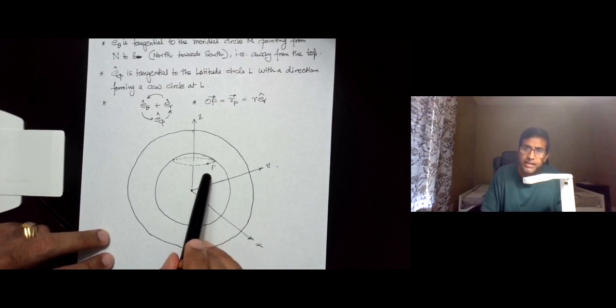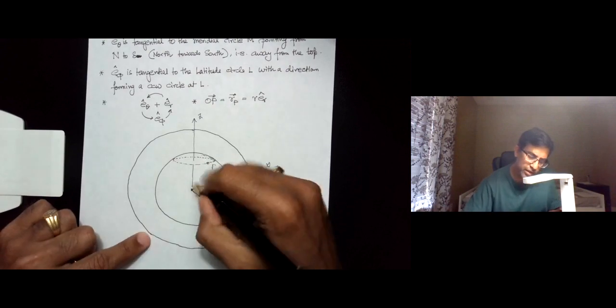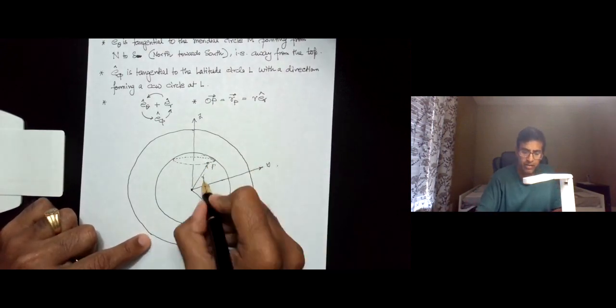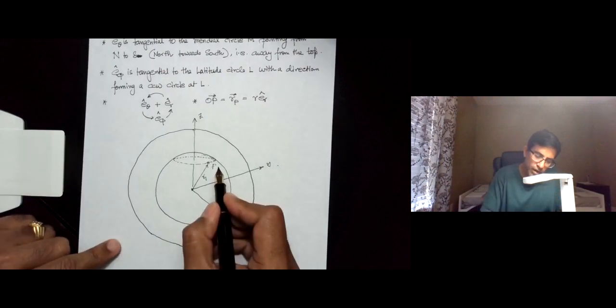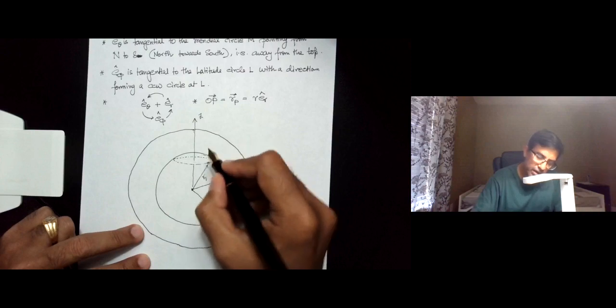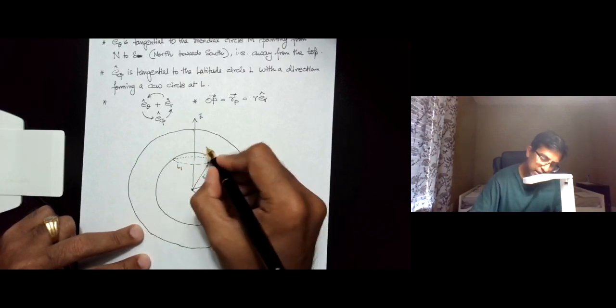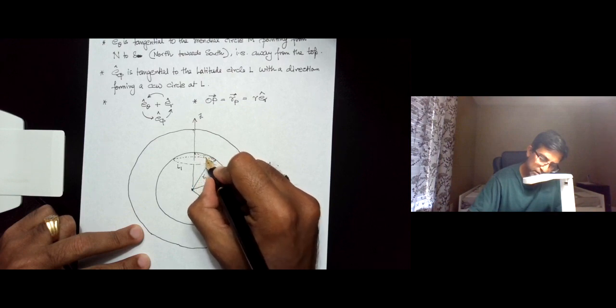So let's say that the point P initially is located at some distance R1, let's say, and I have drawn a sphere of radius R1, and so the initial meridian, this is the initial latitude L1, and the initial meridian line goes like this.